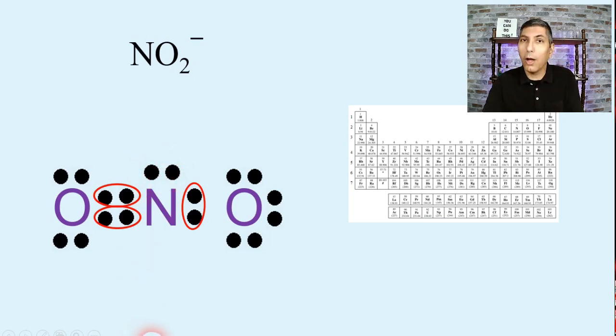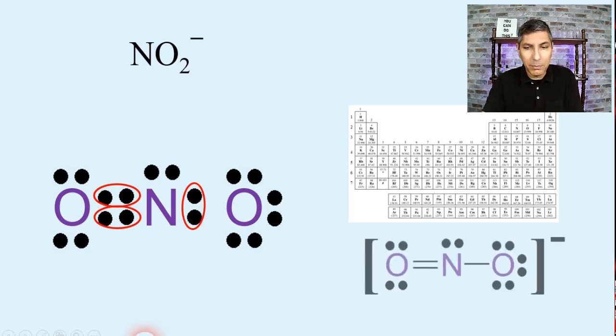So when I draw the finished Lewis electron-dot diagram, I'm going to put the nitrogen in the middle with the double bond and the single bond, and then that lone pair on the nitrogen. And we need to put brackets around this with the negative charge off to the side to show that this is an ion. It's a charged particle. This is not a molecule of nitrogen dioxide.